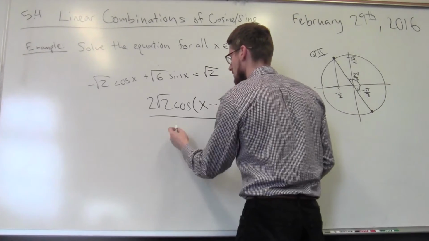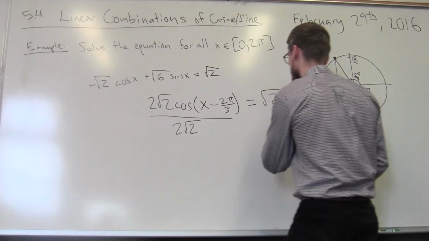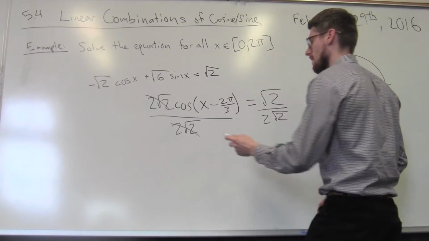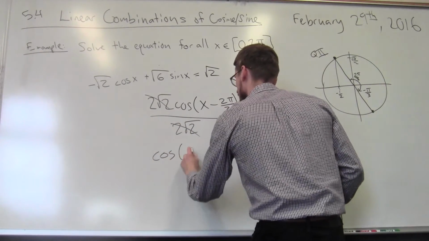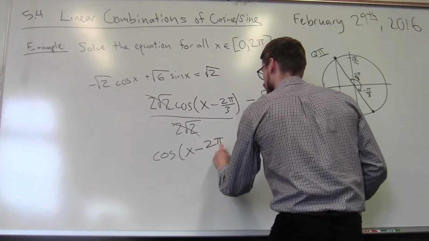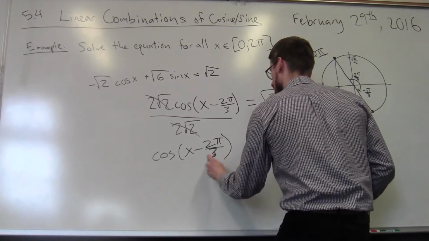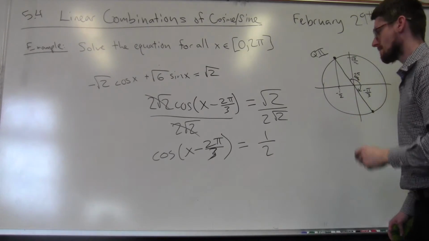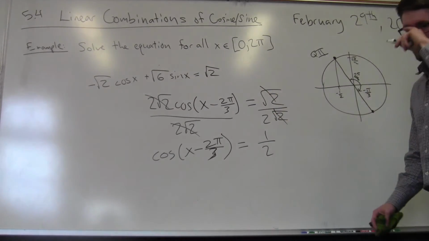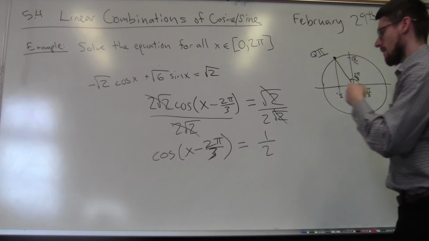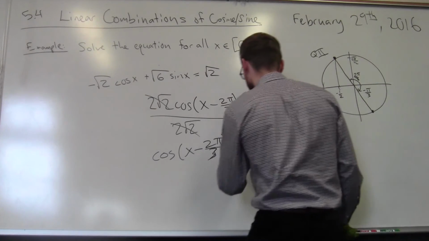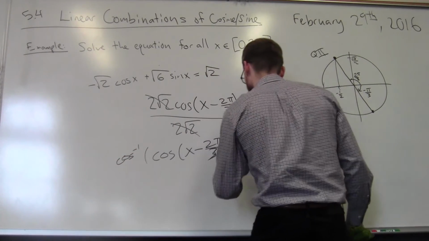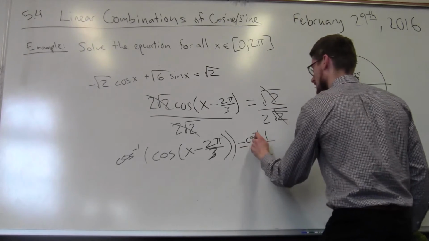The first thing we need to do is divide by 2 root 2 to cancel that multiplier: cosine of x minus 2 pi over 3 equals root 2 divided by 2 root 2, which is just 1/2, because the root 2's cancel. And now I take the inverse cosine of both sides.